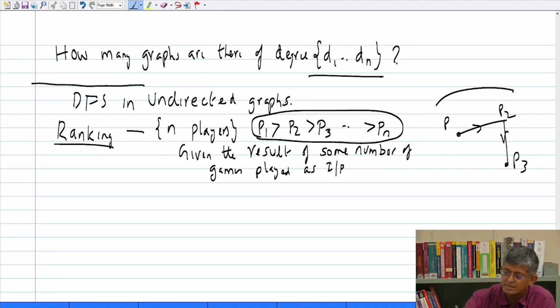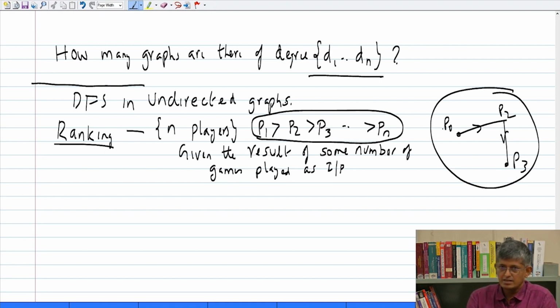The given information is this. How many rankings are there given that P1 has defeated P2 and P2 has defeated P3? Do you know the relationship between P1 and P3 in the total ranking because of seeing these two games? See, what is the model in the problem? The players are ranked. Whenever they play, the better player will always win.